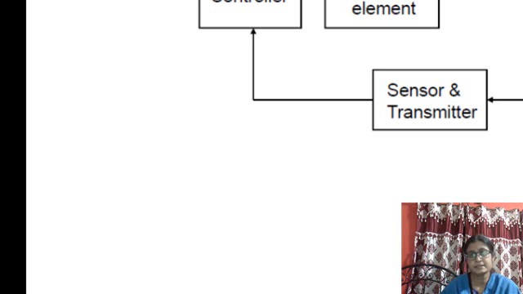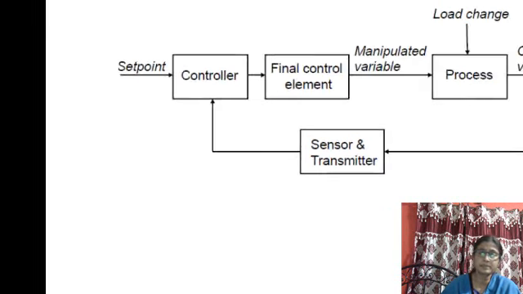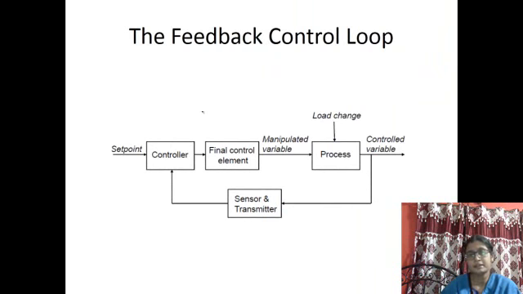For this class, let us review what we have covered in the syllabus. For a feedback control system, there is a process, and the measured variable which is to be controlled is measured by the measuring device and then transferred to the controller. The measured signal is transferred to the controller through the transmitter.